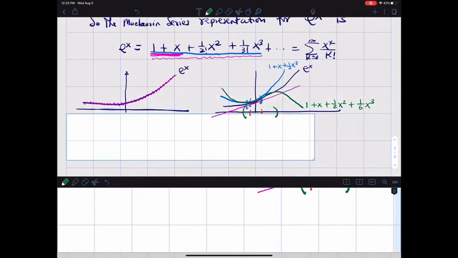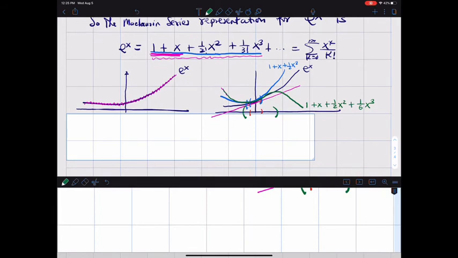The point is that the more terms you take in the series, the better approximation you get, and the wider the interval you can get a good approximation on.